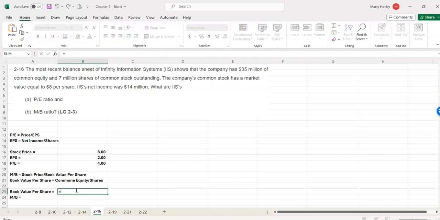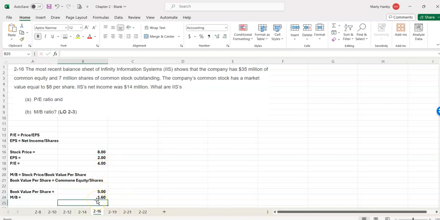So equals 35, divided by 35 million divided by 7 million. So market to book is going to be the stock price, the $8 per share, divided by the book value per share. So 1.6 is the market to book.